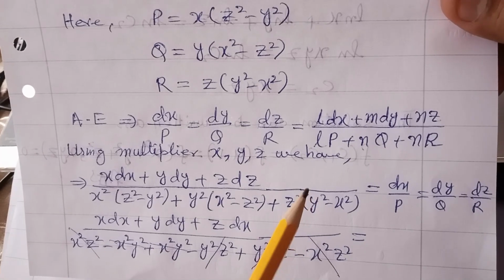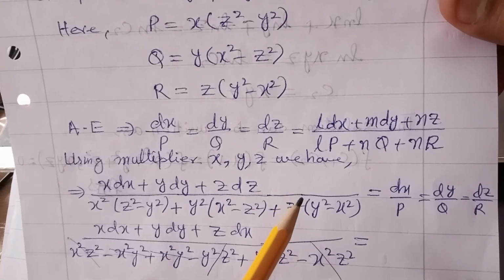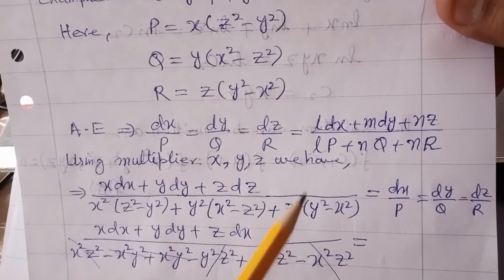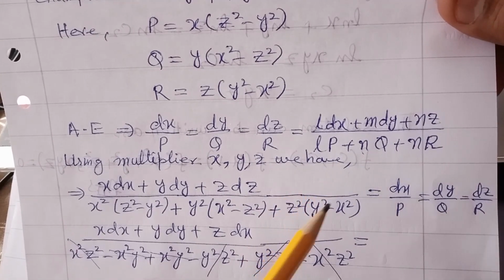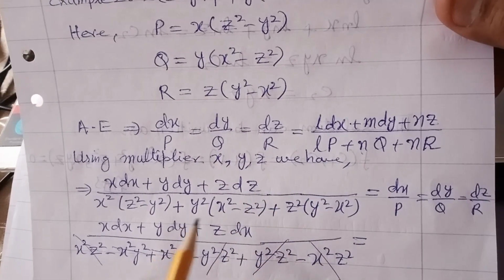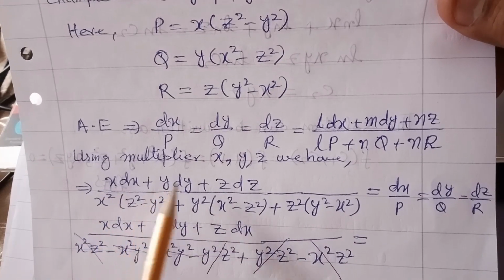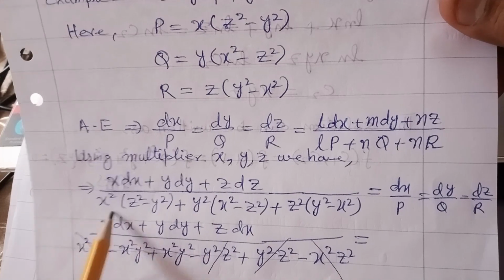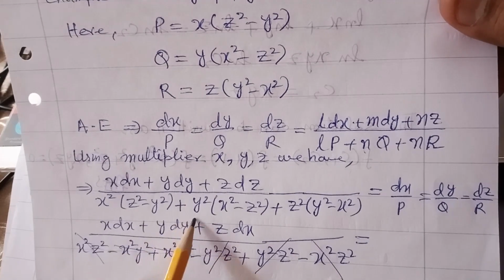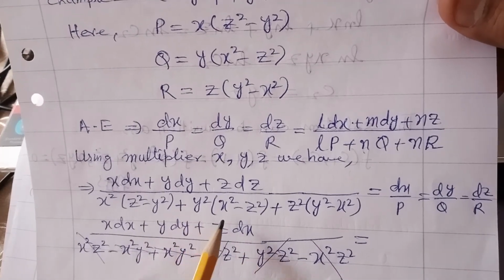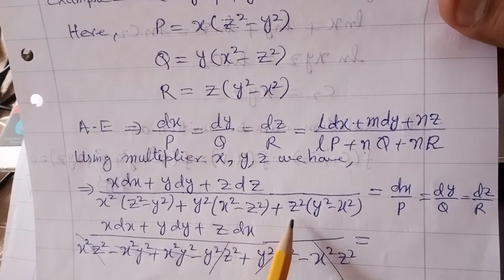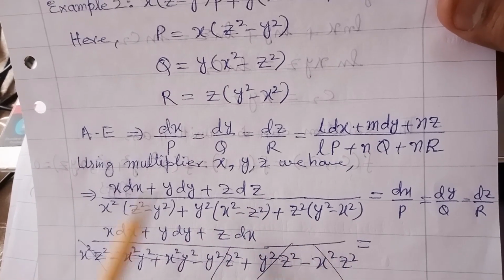l dx plus m dy plus n dz upon lP plus mQ plus nR, so that after substitution this can be written as x dx plus y dy plus z dz upon x square z square minus x square y square plus y square x square minus y square z square plus z square y square minus z square x square.